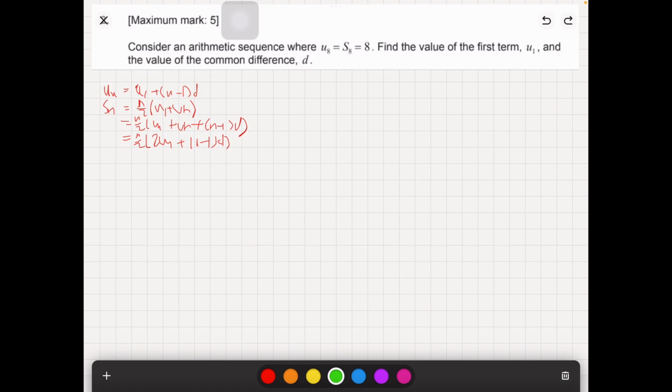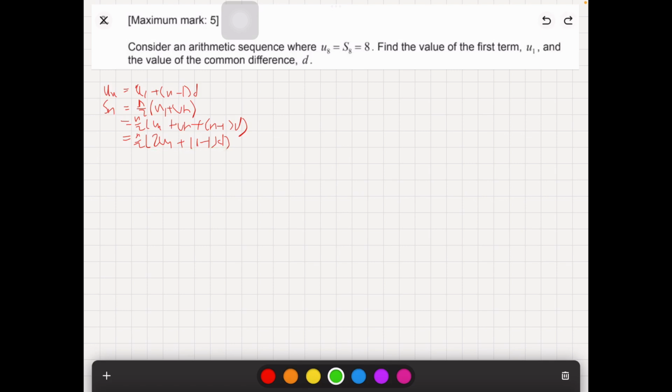Because for Un, subbing in n equals 8 is just U8. And we know that because the question over here gave us that value. If we look at this last equation here, we know the value of S8, we know that n equals 8, but besides that, we don't know U1 or d.